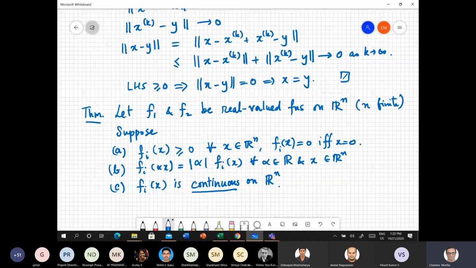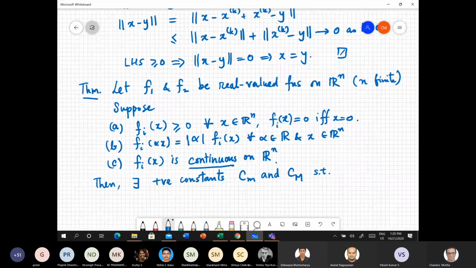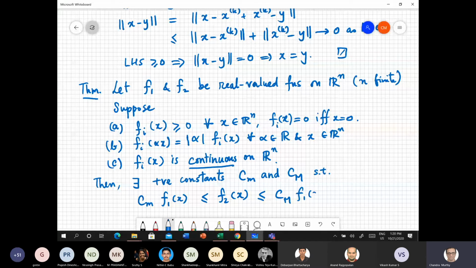there exist positive constants, which we'll call C small m and C capital M, such that C small m times f1 of x is less than or equal to f2 of x is less than or equal to C capital M times f1 of x for every x in R to the n.